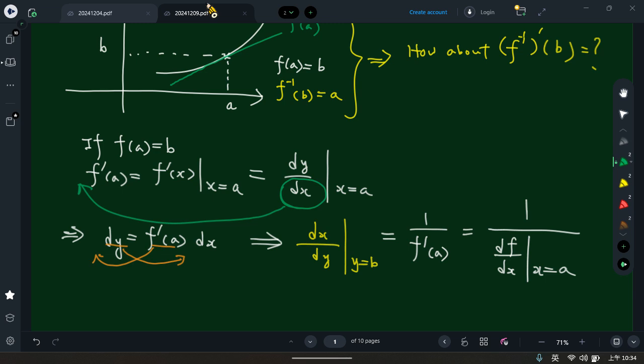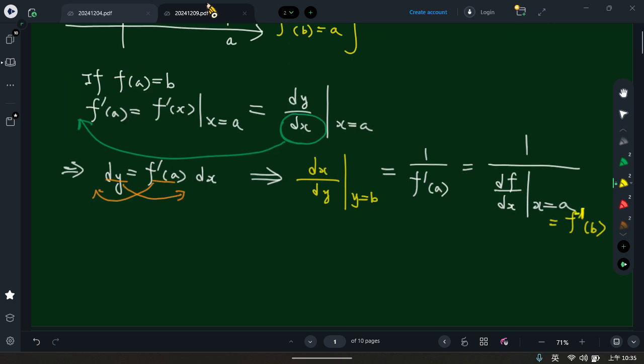And s equal to a is also equivalent to f inverse of b, right? Why? S is equal to a is also equal to f inverse of b here. See? So finally we can get f prime of f inverse b.